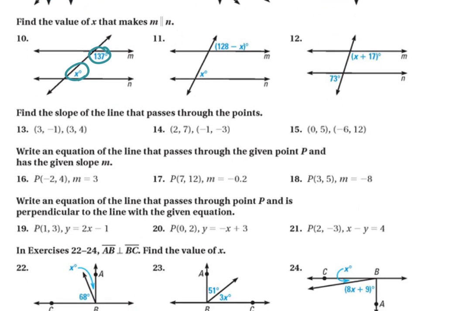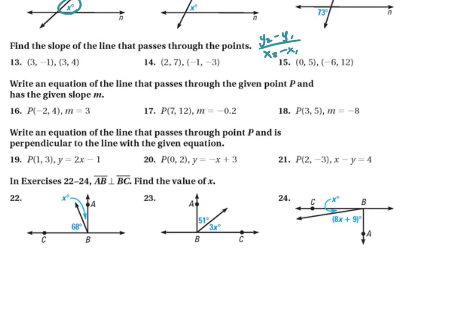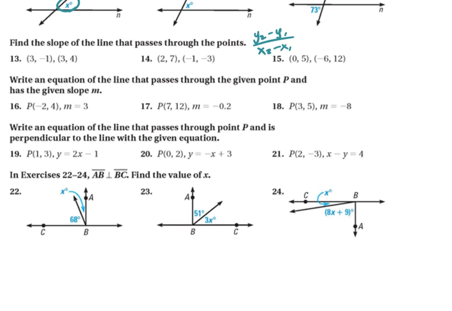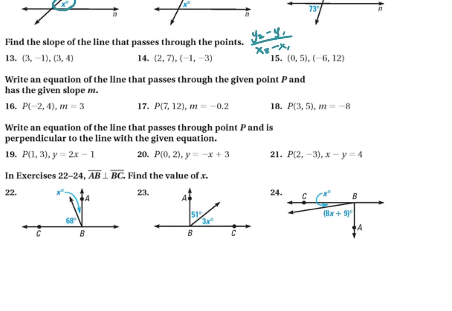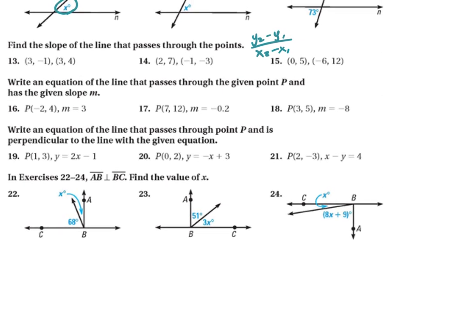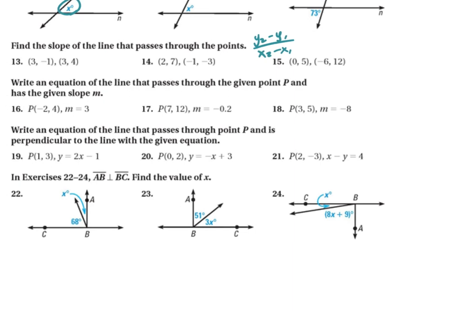13, 14, and 15 are your slopes, so y2 minus y1 over x2 minus x1. And then 16, 17, 18 are the lines if you're given the point and the slope. And then 19, 20, and 21, what if it's perpendicular? So what's true about two lines? What's true about the slopes of lines that are perpendicular?